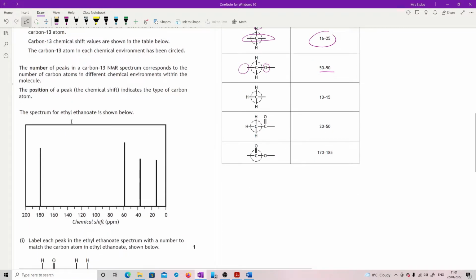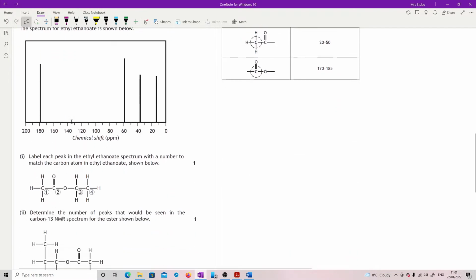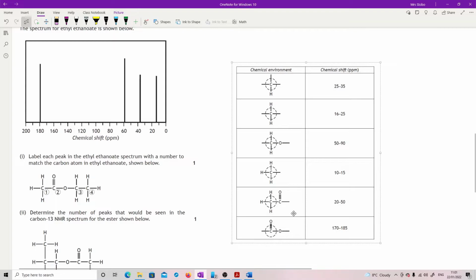The spectrum for ethyl ethanoate is shown below. Match each peak in the ethyl ethanoate spectrum with a number to match the carbon atom in ethyl ethanoate. Right, let me just again pull this down a little bit. Right, okay. So let's see what we've got for each one. Let's look at carbon 1.